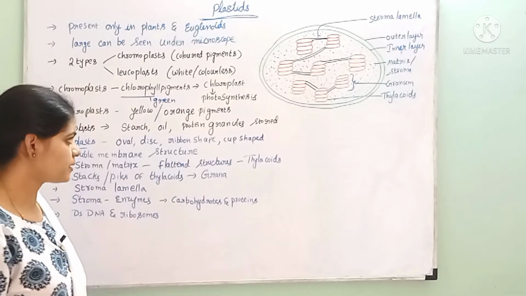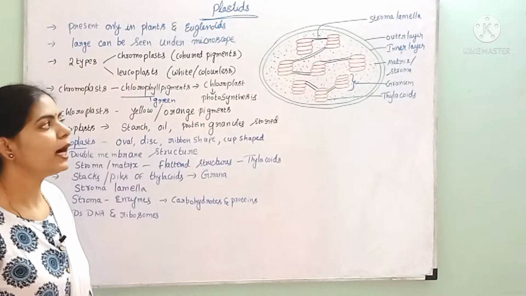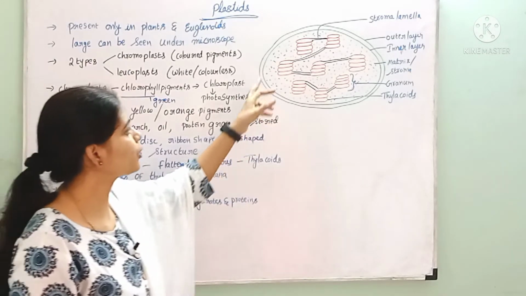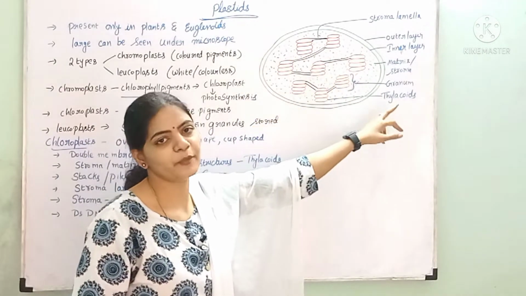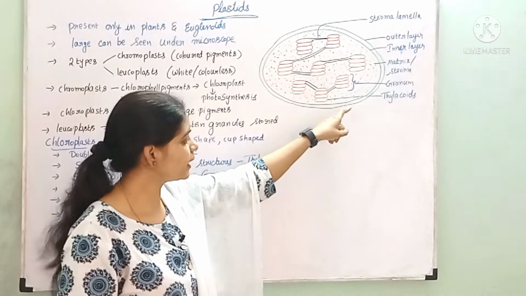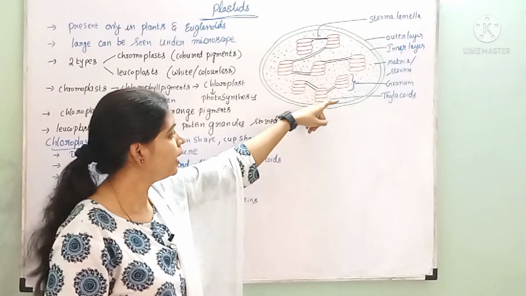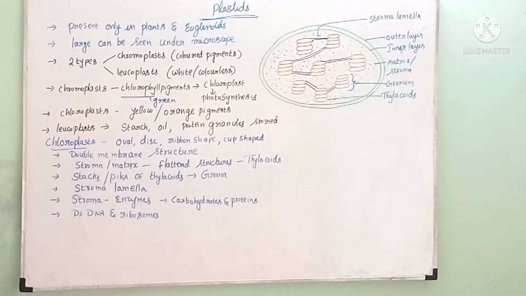Generally in green plants, the chloroplast is disc shaped. And like mitochondria, it is a double membrane structure which consists of two membranes, an outer layer and an inner layer.